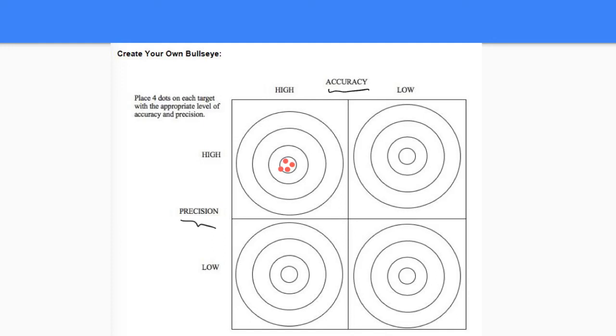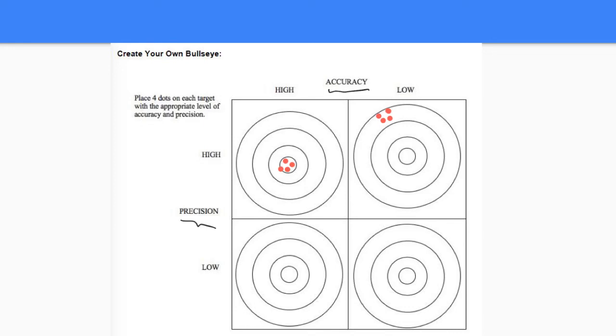So hopefully you paused the video and you've had time to write your answers here. I'm going to share with you what I have also gotten. So for high precision and low accuracy, remember those are going to be close together, but not close to the wanted value. So there is my example of high precision and low accuracy.